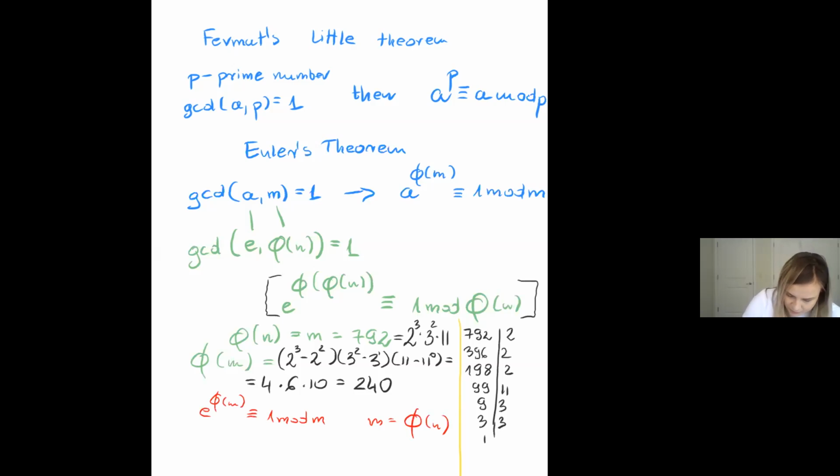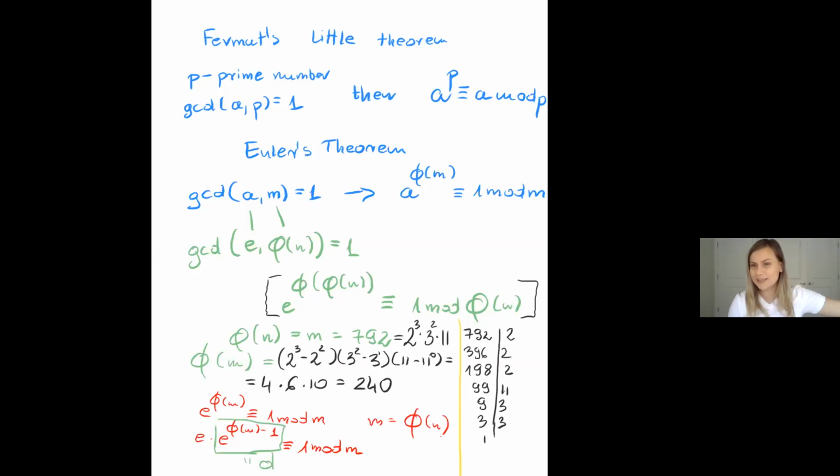So we have e times e to the power phi of m minus 1 congruent to 1 modulo m. Okay, so if you go back to the RSA algorithm, you will see that what we have here is our d. So you have actually the general formula for how you can compute d.